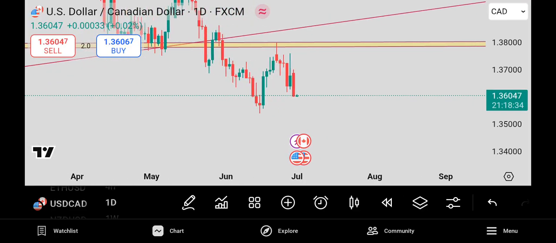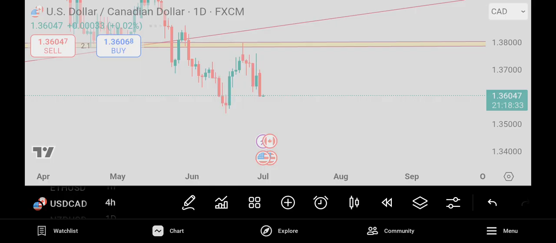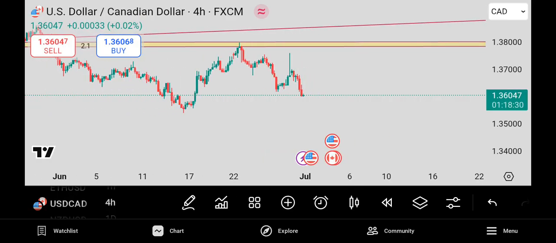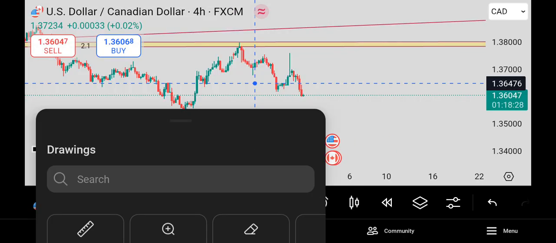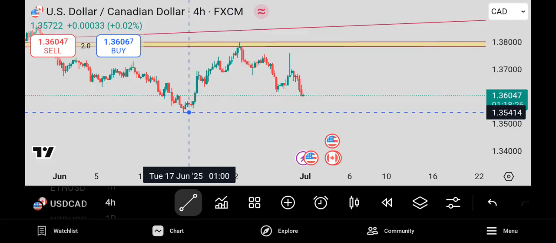So if I go to my 4 hours time frame, that is how I draw my counter trend line after the retest has been made.